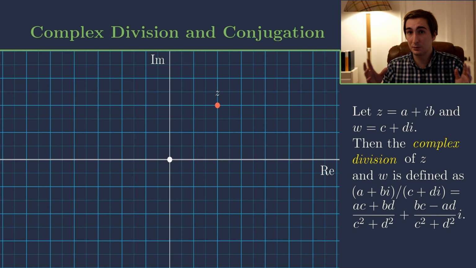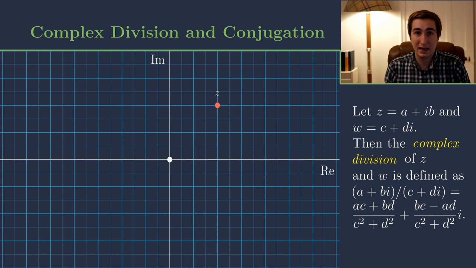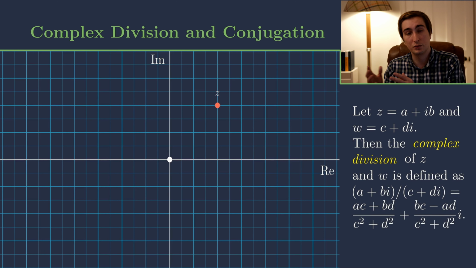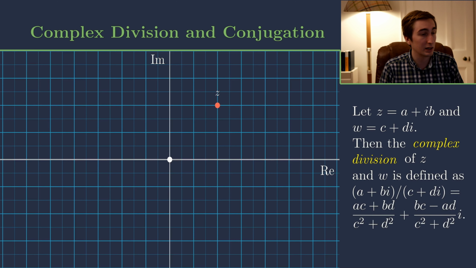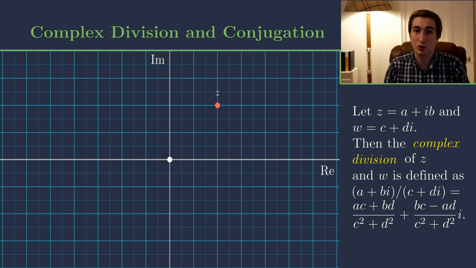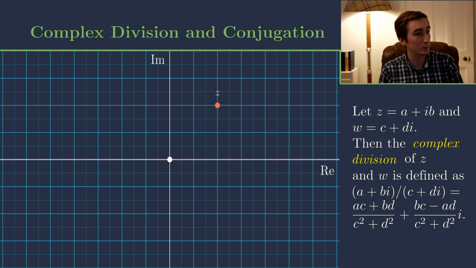In other words, z divided by w is the same as z times w bar divided by the modulus of w squared. And if you plug in all those values of z equals a plus bi and w equals c plus di, you would get exactly this expression here, which tells you how to divide two complex numbers in Cartesian form.